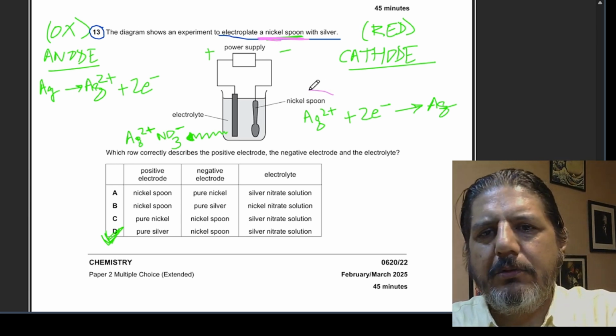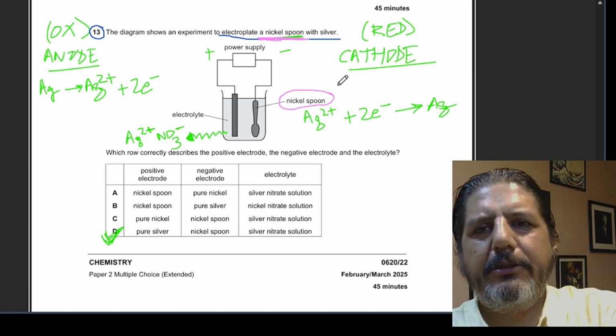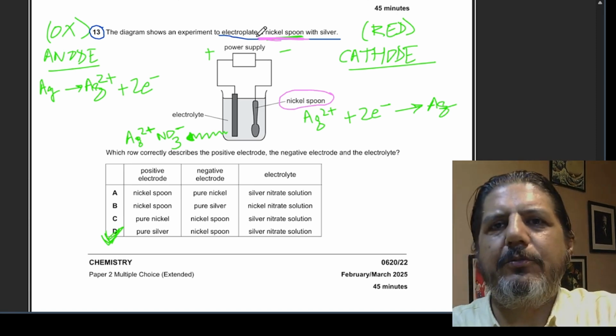So the nickel spoon should be the cathode. It should be the right side. It should be the negative terminal.